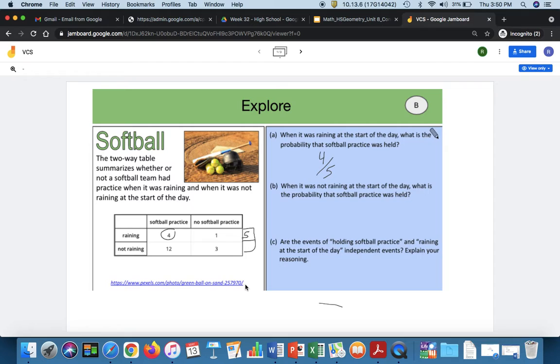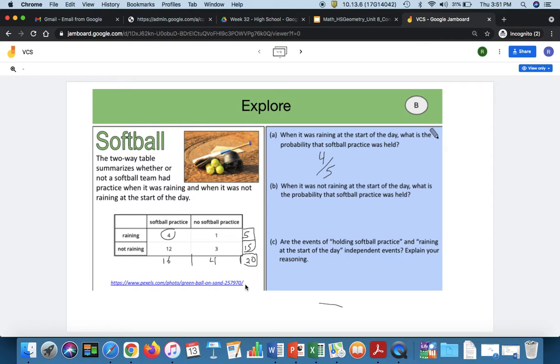And if I continue this trend and make my totals, I'm going total across each row, total for each column, and then I have a total for everything that happened here on the bottom right. So let's take a look at question B. When it was not raining at the start of the day, what is the probability that softball practice was held?